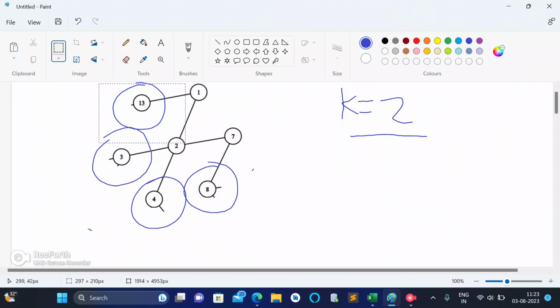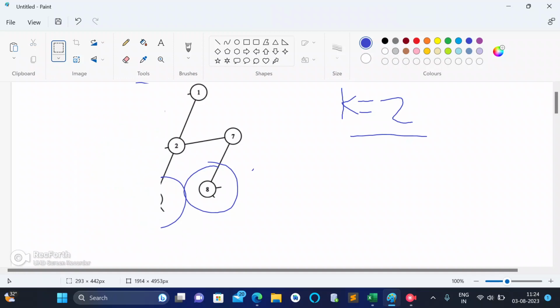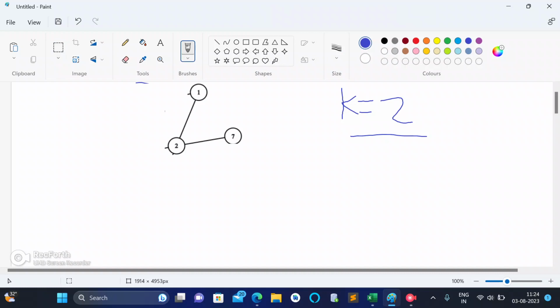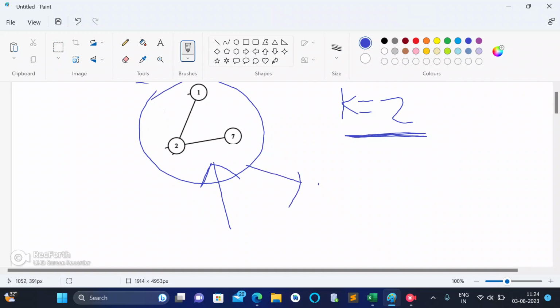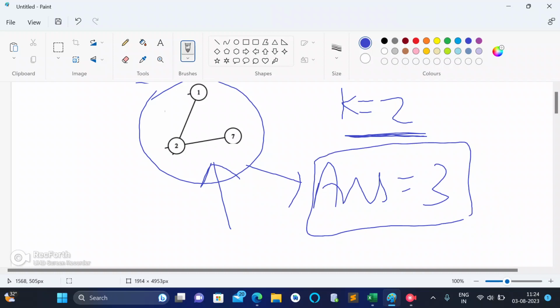If I remove all those leaves, our tree will look something like this. So after two operations we are left with this tree only, and therefore the answer will be 3 in this case, because only 3 nodes are present in this tree.